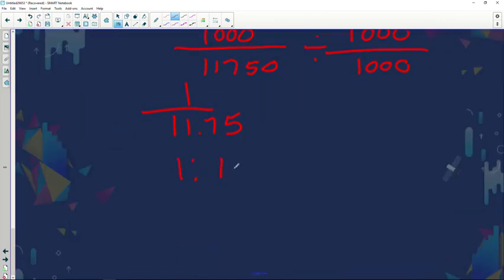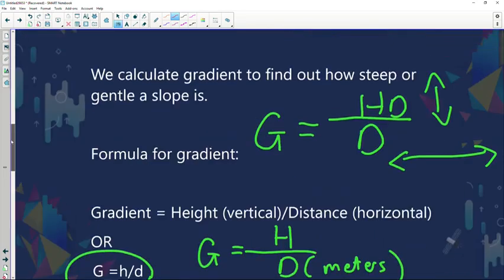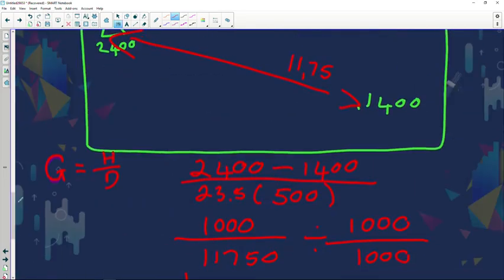So for every 11.75 meters we walk from spot height 1,400 to tree beacon number 2, the gradient increases by 1 meter. So we need to walk 11.75 meters for the gradient to increase by 1 meter.